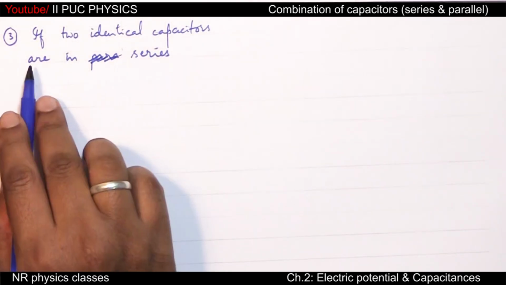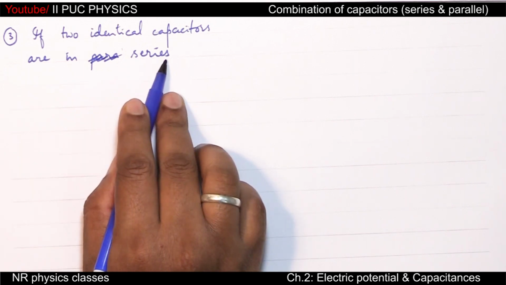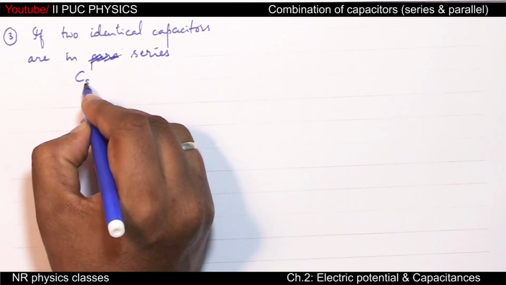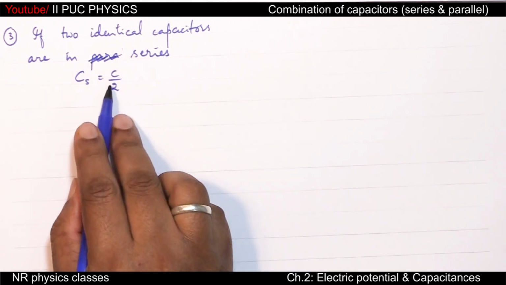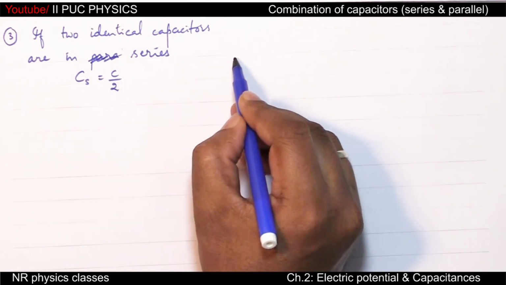If two identical capacitors are in series, then series equivalent is C by 2. Meaning of C by 2?